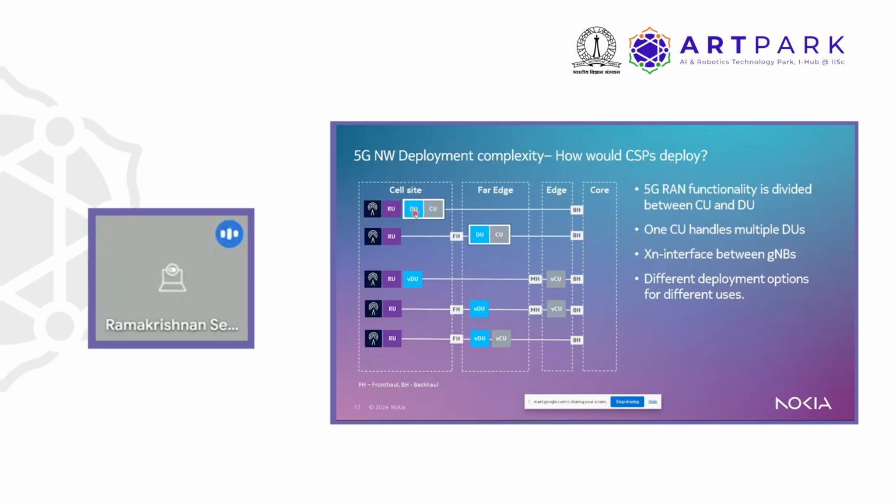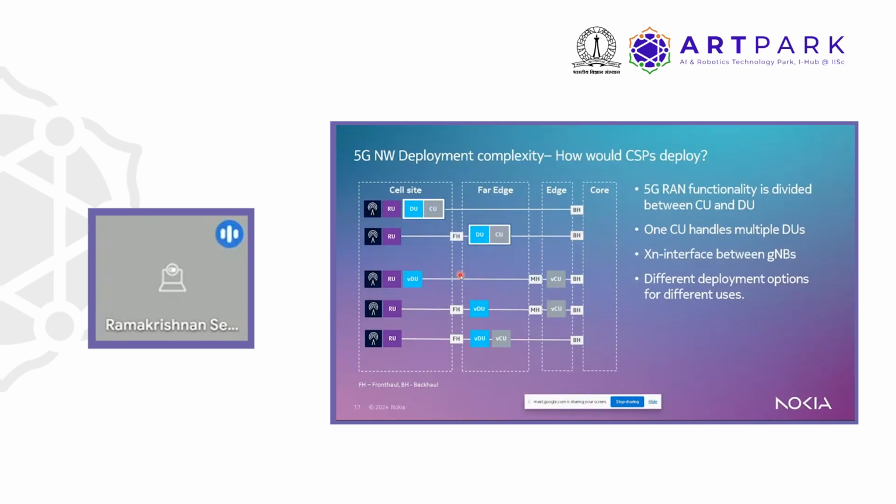And then you could also move this towards far edge, wherein you could pile up lots of baseband units and then deploy fronthaul networks and then RUs at specific locations, and hence provide a 5G network. All these are connected to core through backhaul. Now, this is the existing 5G deployment model.